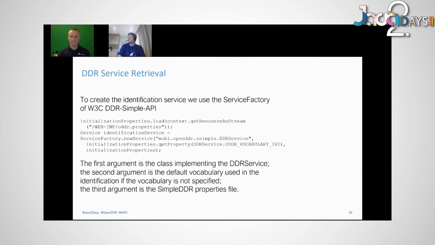So this is the way that the original W3C DDR simple API and its implementation can be customized and retrieved. So it's a bit like lookups in J2EE or Java EE almost up to 20 years ago. But then again, of course, this was defined until 2008.